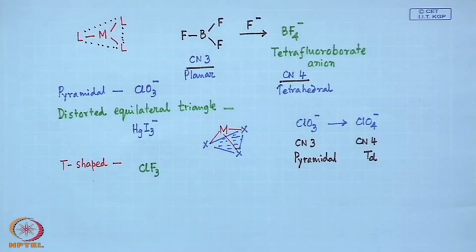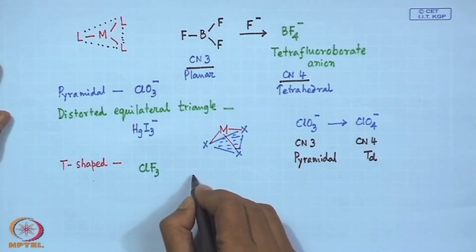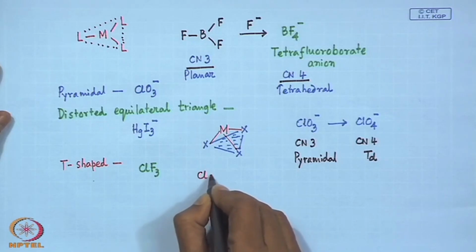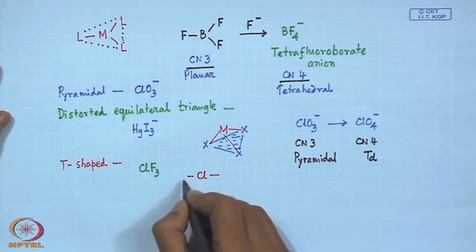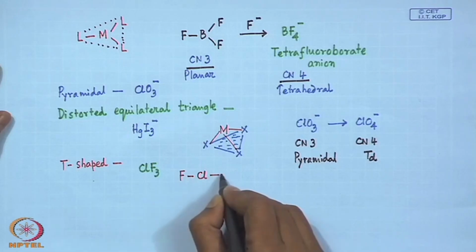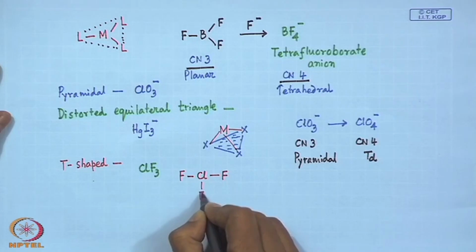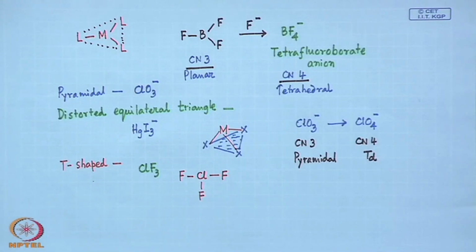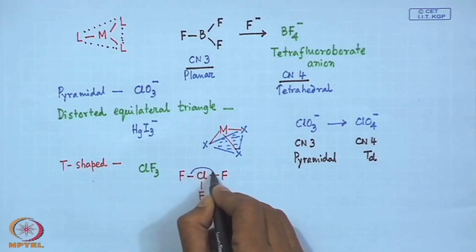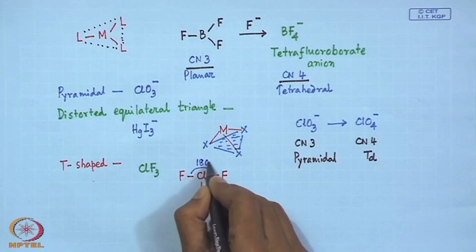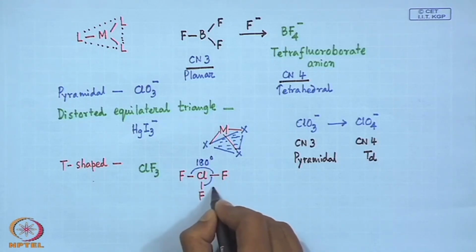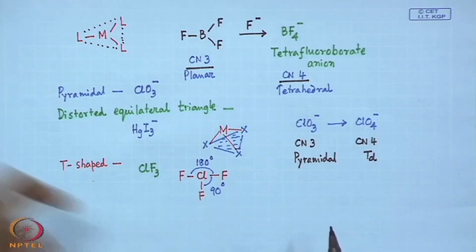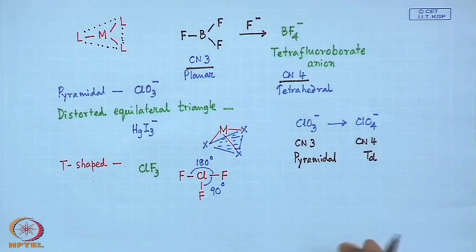So this ClF3 gives us some immediate idea that some metal complexes can also have this type of geometry. So this geometry is not very uncommon, with an angle of 180 degrees on this side and another angle of 90 degrees on the other side.